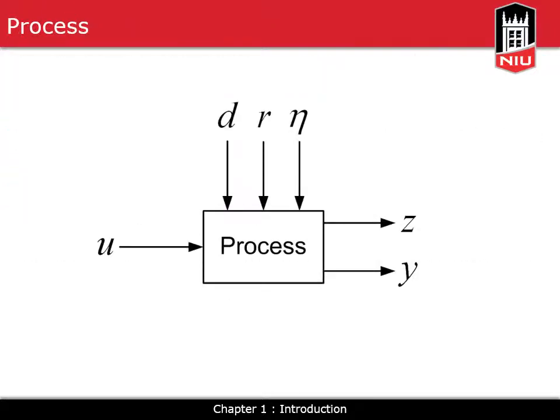Here's our first block diagram, which shows a process as a black box. There are some inputs to this process and some outputs. Again, we might sometimes call this a system or a plant. They all mean the same thing.